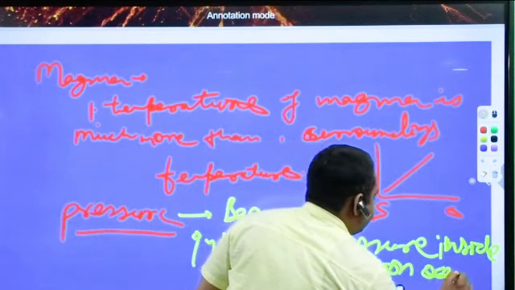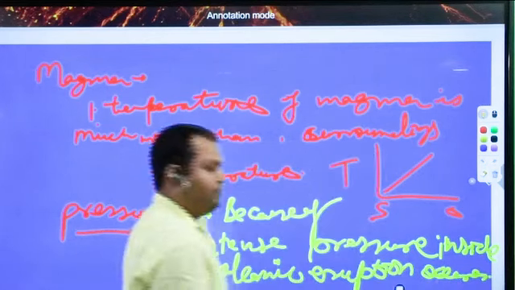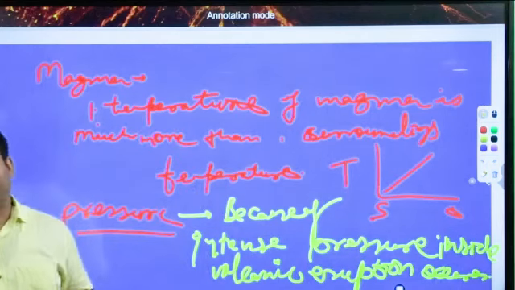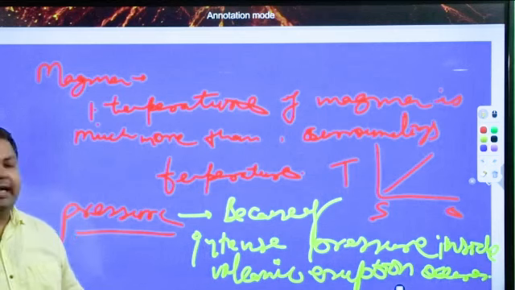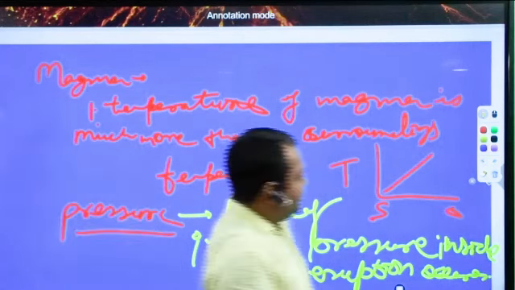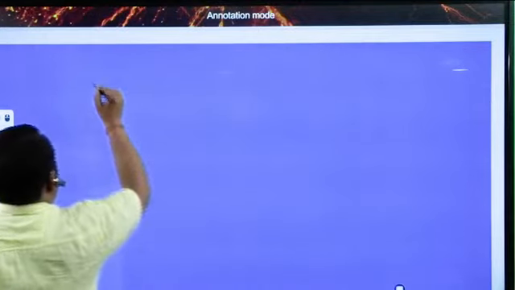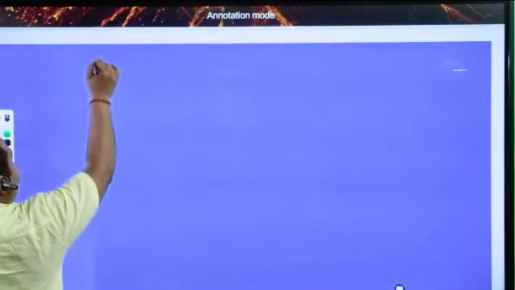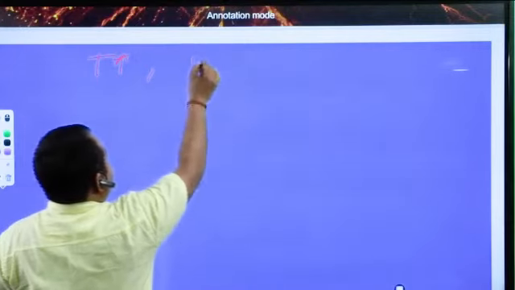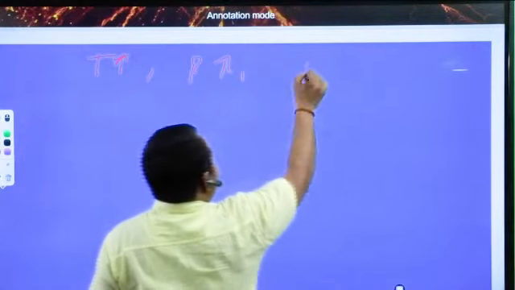Because of intense pressure inside of earth, volcanic eruption takes place, right? So we have proved up to now that temperature increases, pressure increases too, and the next point, density.